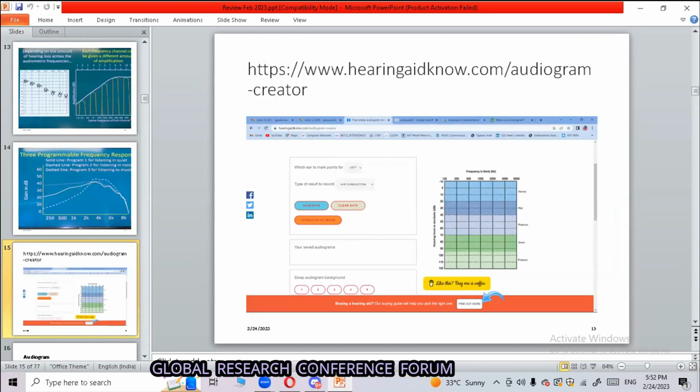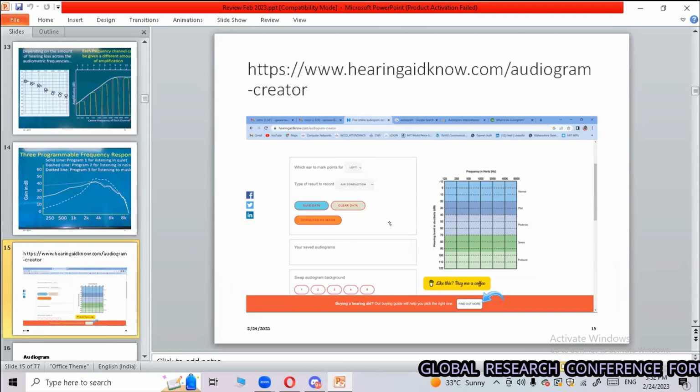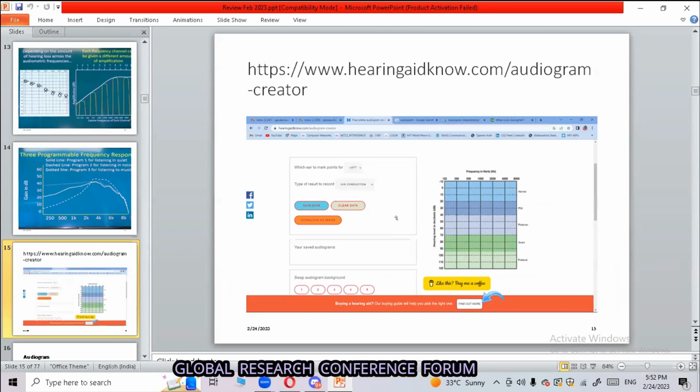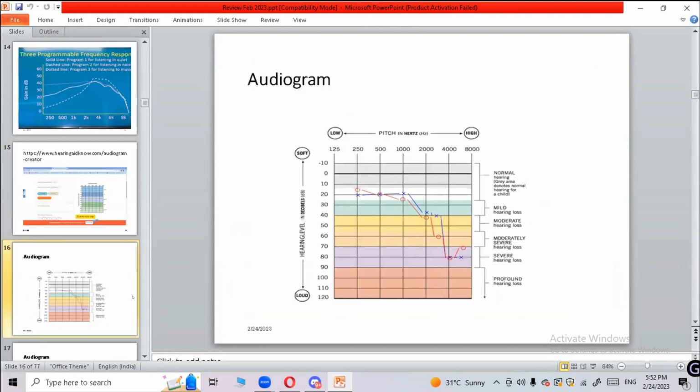Using this website, I have plotted many graphs, and I have created a database for different persons in different hearing ranges. I have added this diagram in the paper.